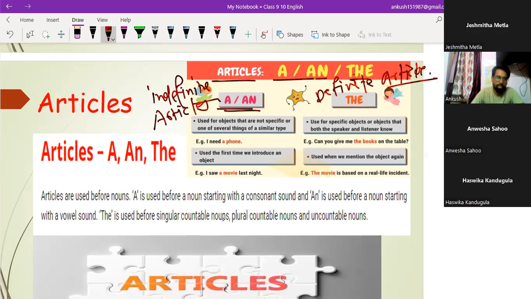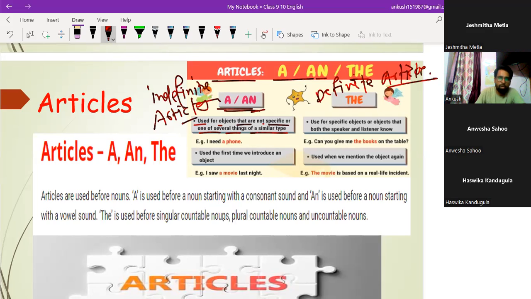It is only one article. How do we use a or an? Indefinite articles are used for objects that are not specific, or one of several things of a similar type. Another thing is they show you the quantity of that noun is one.